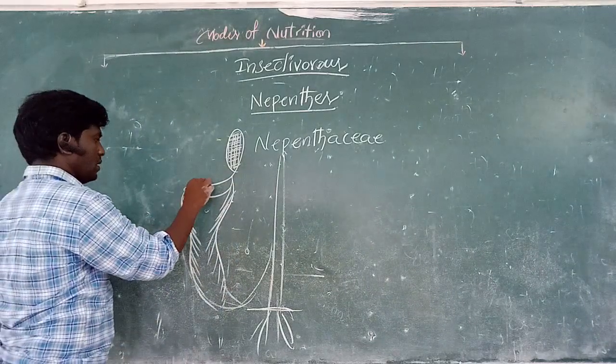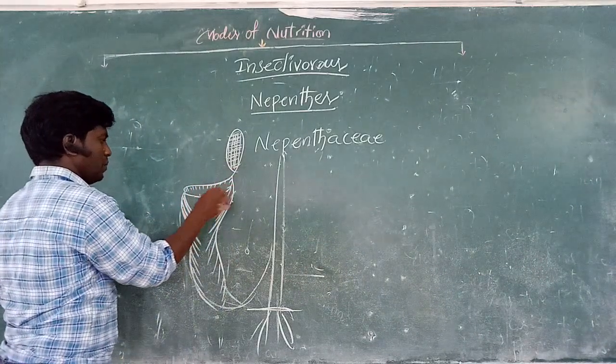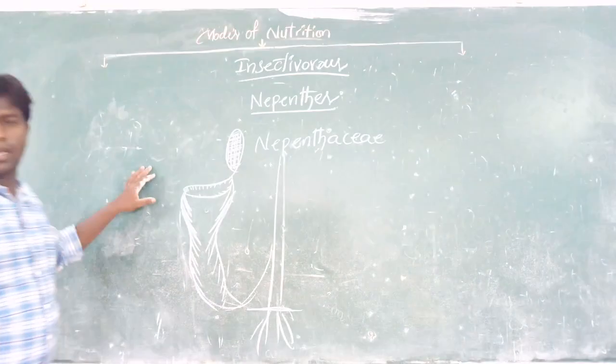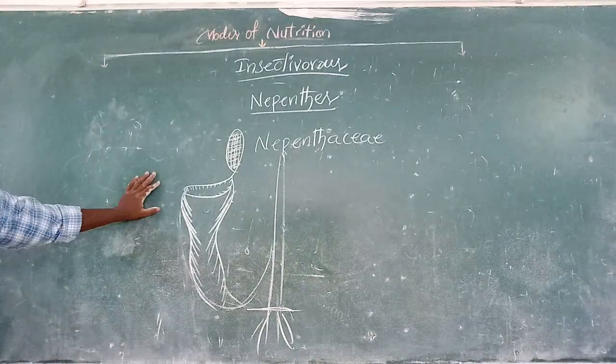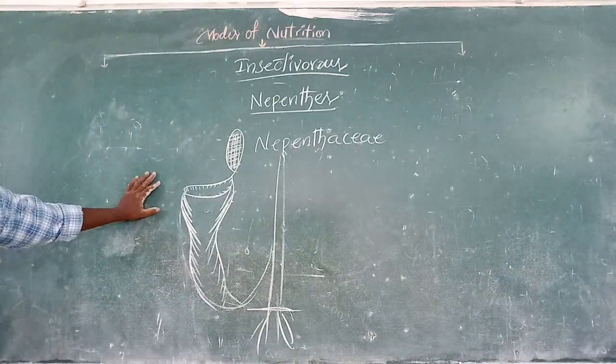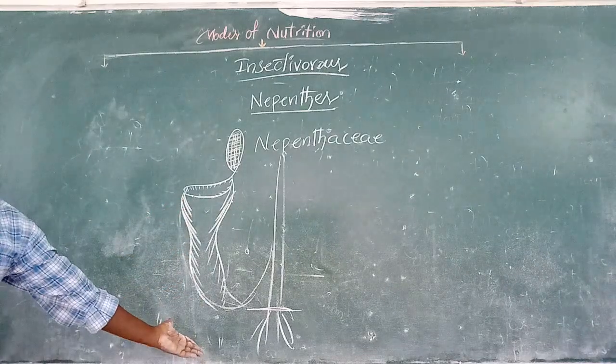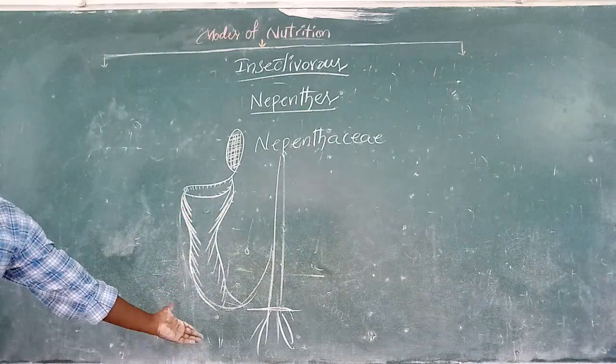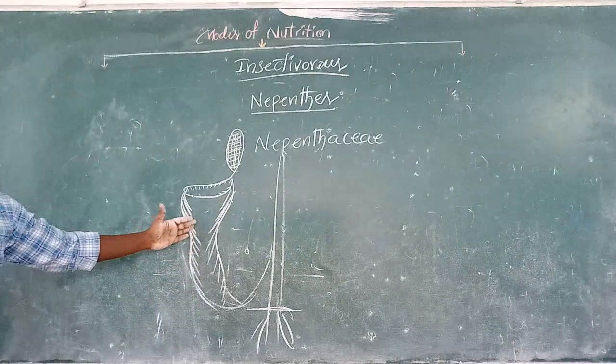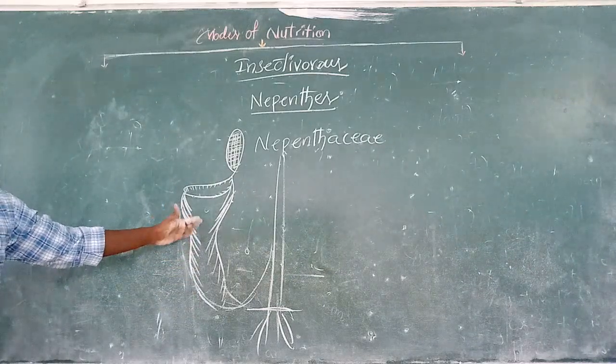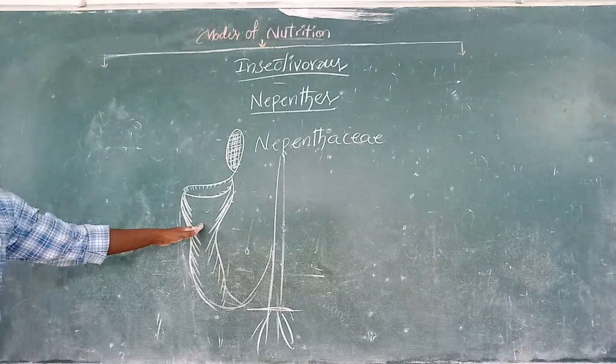So this is the Nepenthes plant, or pitcher plant. Look at the picture. On the inner wall towards its lower half, there are a number of glands which secrete a proteolytic enzyme.